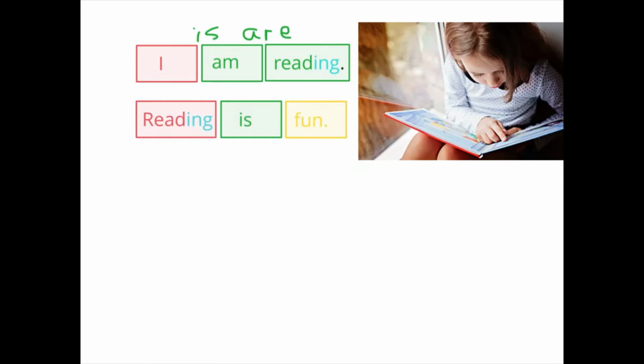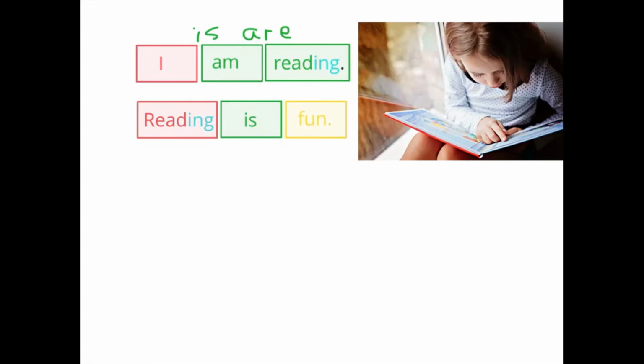So now reading, read plus ing, becomes the subject of my sentence. So in this sentence, it is the subject. It is a noun. It is the act of reading. And we always use the singular verb to be, is. And then we have an adjective, fun.